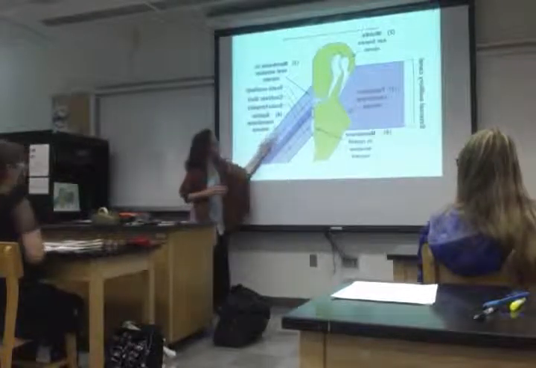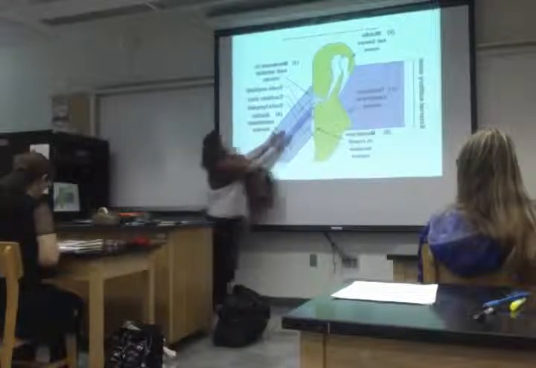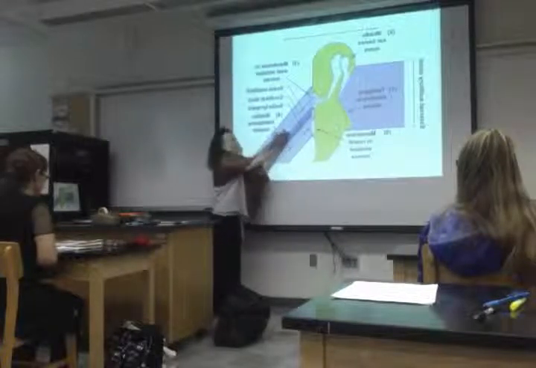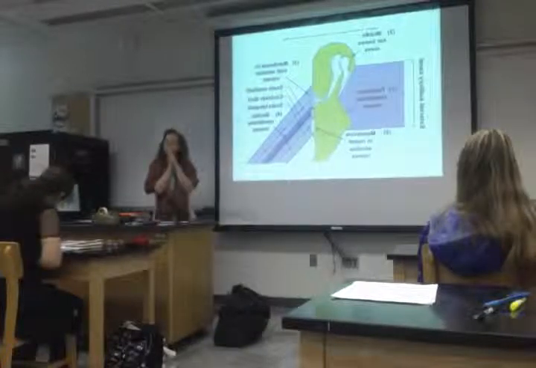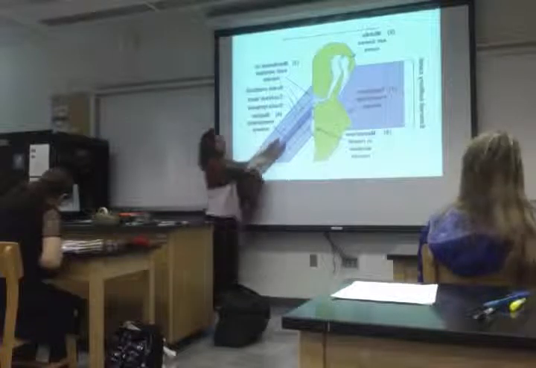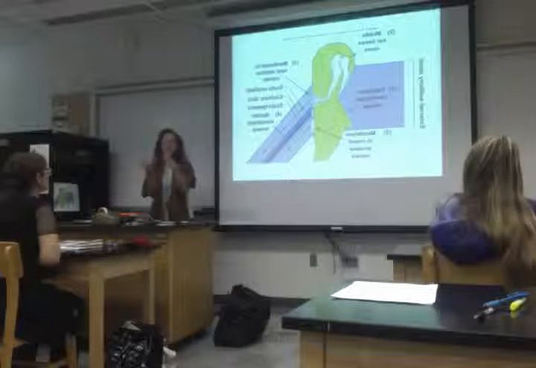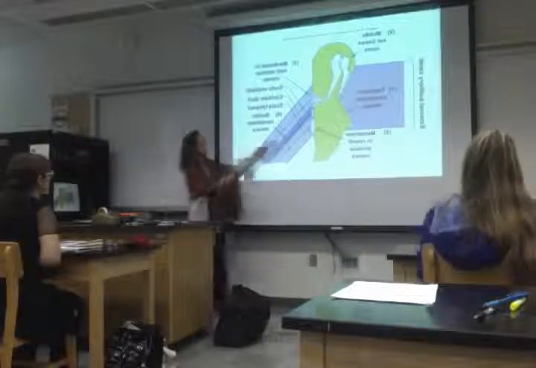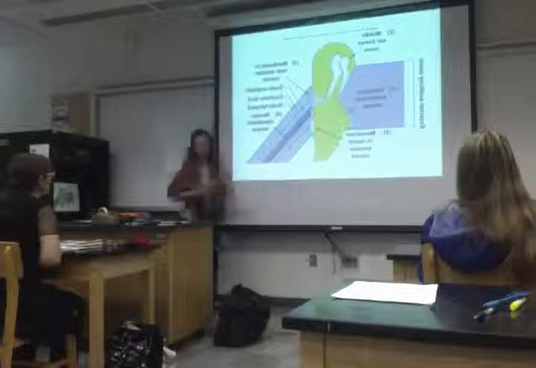So when we have waves in the scala, shown with these dotted lines, you see how this basilar membrane will move. These perilymph waves will create wave-like movements of that basilar membrane. So you see how when we do that, this whole entire cochlear duct is moving.